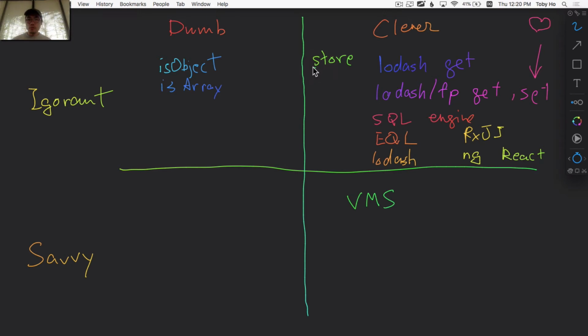Yeah. So store, to Rachel's point, I think is actually lower on the cleverness scale compared to something like RxJS or React or Angular or Lodash, and that's actually why I like it so much. Even though it's clever, it's actually towards this way in the clever versus dumb scale.